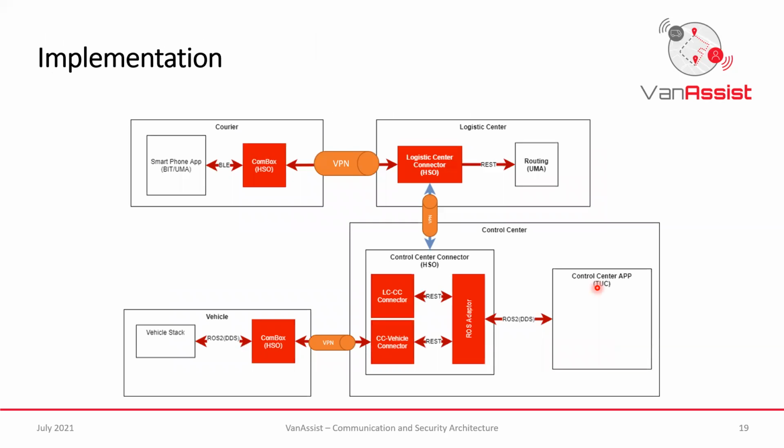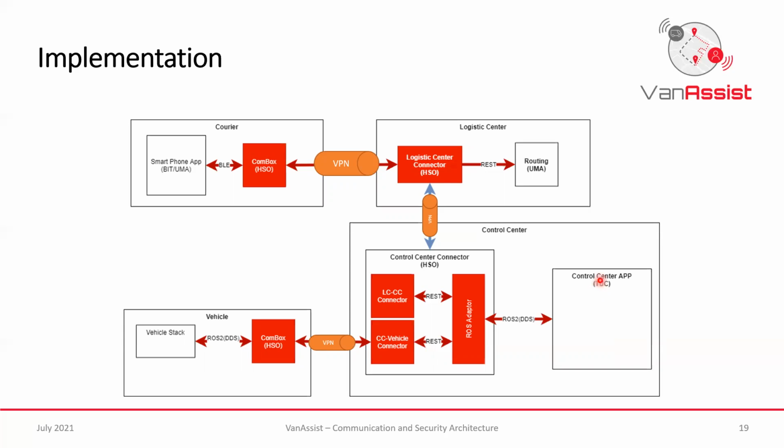In the implementation phase, in order to implement such a communication between different entities, we needed all the entities to see each other inside the public network. Therefore, a VPN has been established.